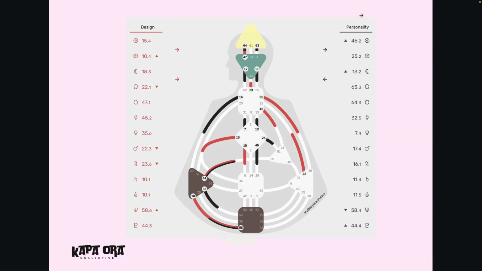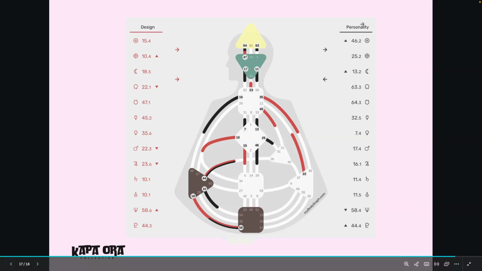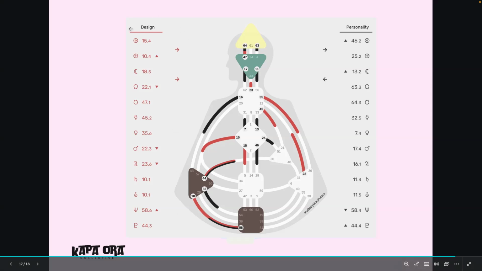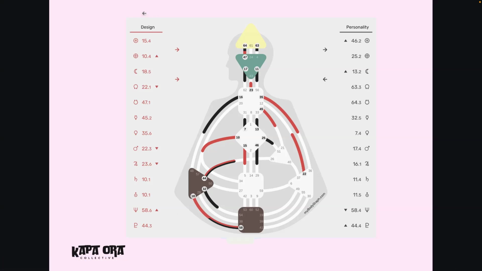So this set of gates is pulled based on the time of your birth, the time that we enter into your birth chart. Okay, the time you came out of your mother, right? Or the time that they announced your birth. So this side is 88 days prior, and this represents your unconscious, your body, your soul, if you like.